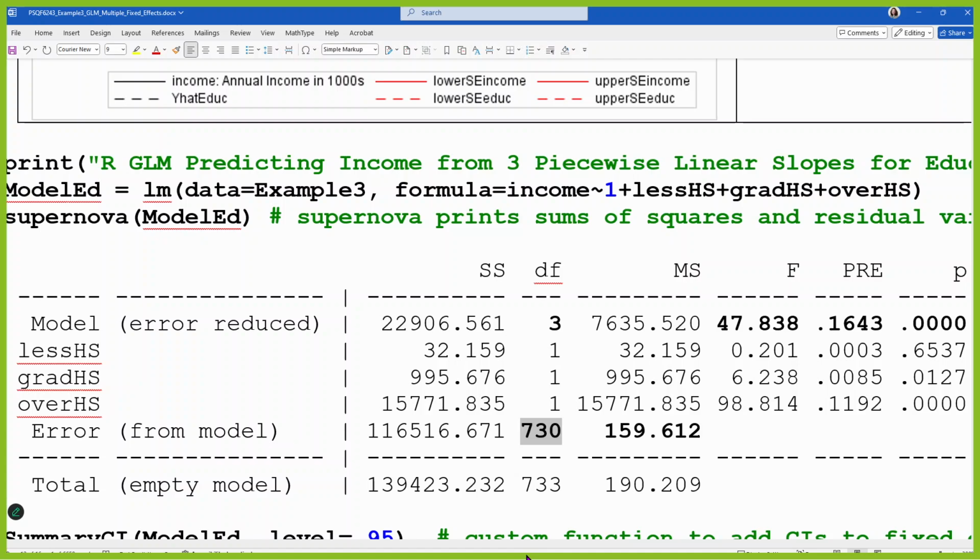There are 4 fixed effects in total because we have a fixed intercept and 3 predictors that have fixed slopes. Yep, that's why. So if we added a 4th predictor, this would change to 4. How many more slopes do we have room for? Yeah, 730. Yep, so that would otherwise be known as denominator degrees of freedom for your F test.